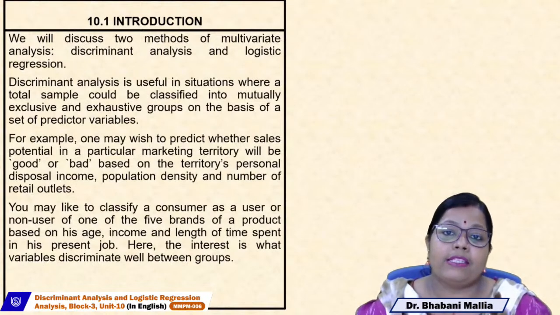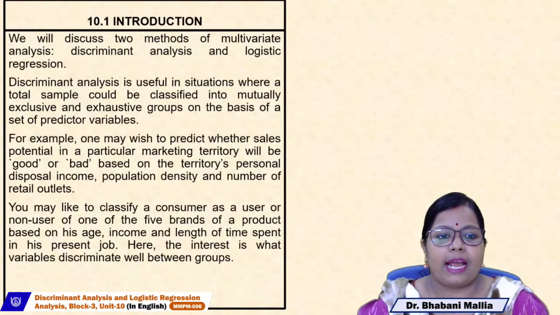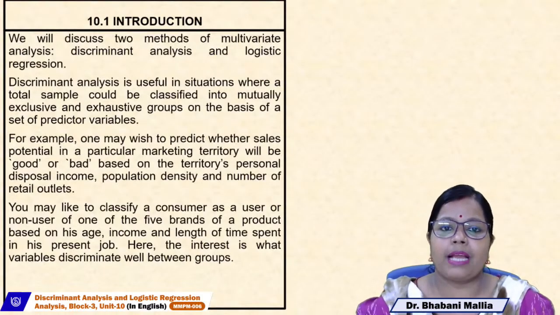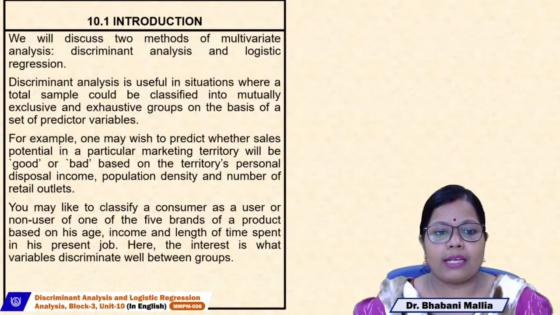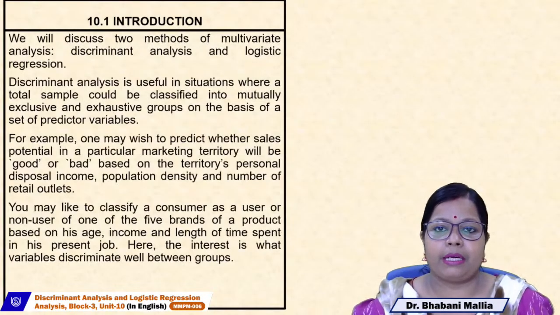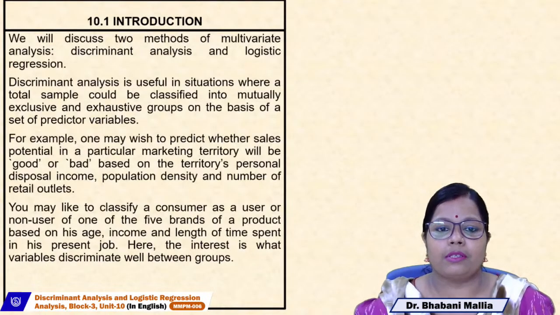Means overlapping cases are not there. And what are exhaustive groups? Exhaustive means, for a particular situation, all the possible outcomes are known as exhaustive. If I am talking about the users of a particular product in my marketing research, then what are the possible users?